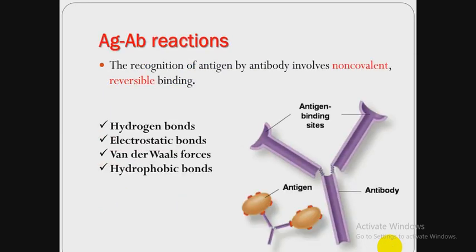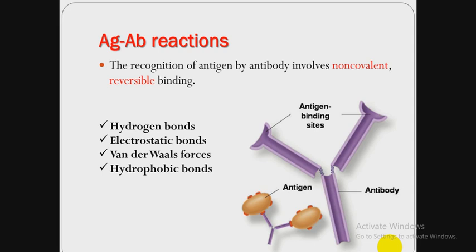You know that each monomer of antibody can recognize antigens by two antigen binding sites, and the interaction of antigen-antibody involves non-covalent reversible binding. Different bonds, such as hydrogen bonds, electrostatic bonds, van der Waals forces, and hydrophobic bonds, could be involved in interaction of antigen and antibody.